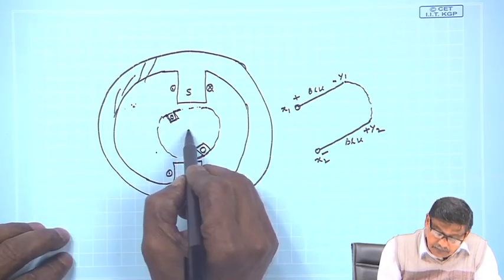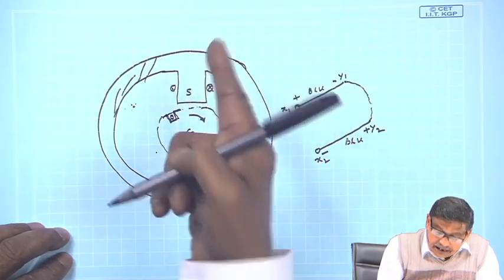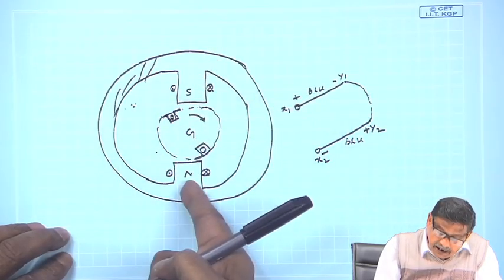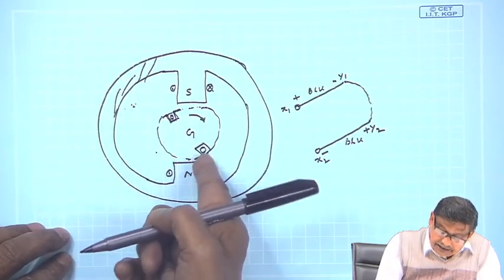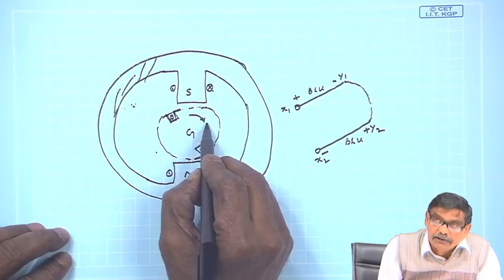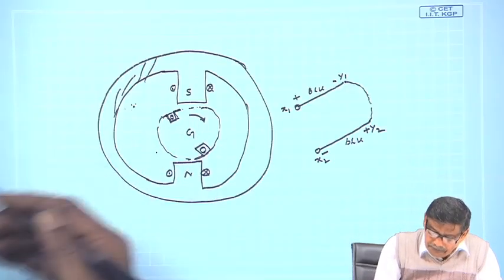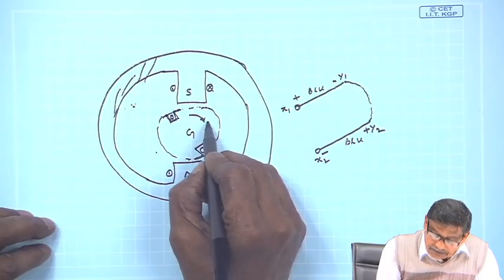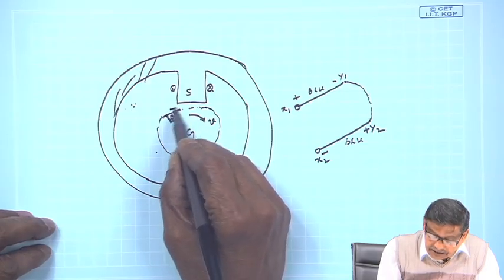In generating mode, what are the things we have to give? Create the field B, L the length of the conductors, and this velocity I must provide by some external agency, say a turbine or a diesel engine, whatever it is. The tangential velocity is v.